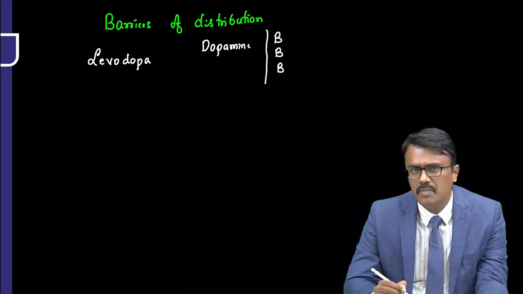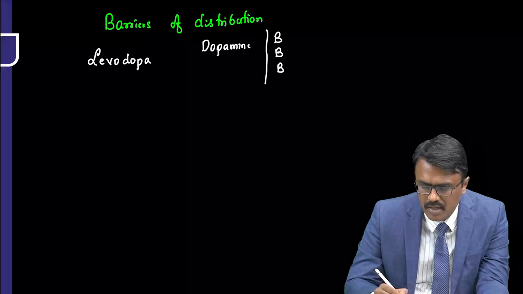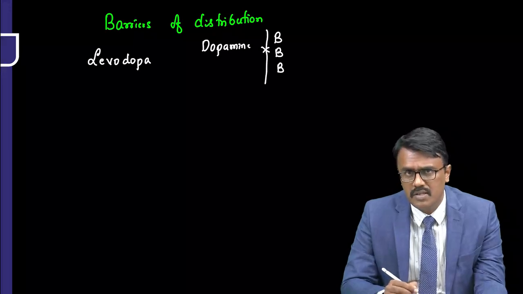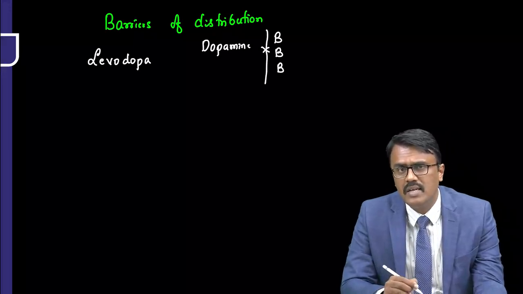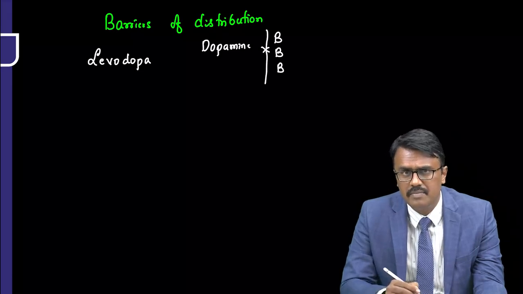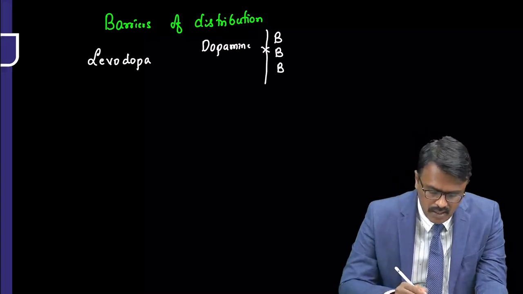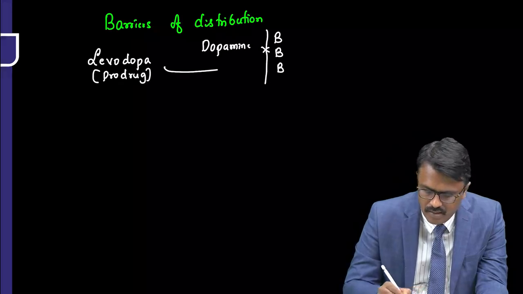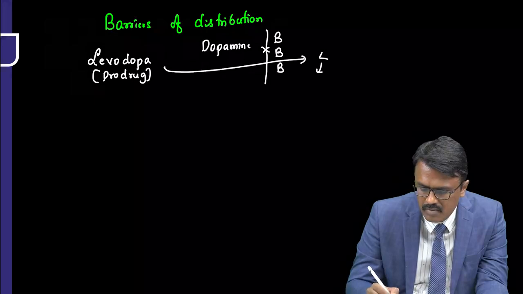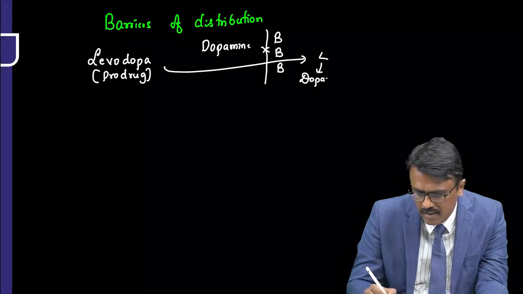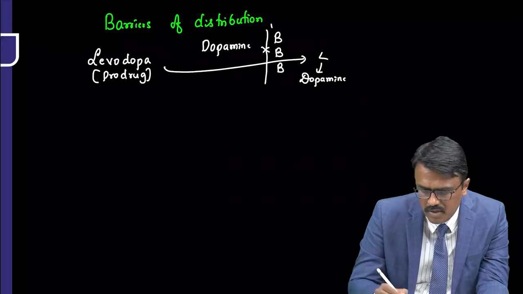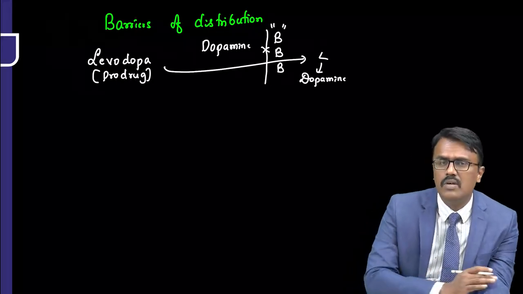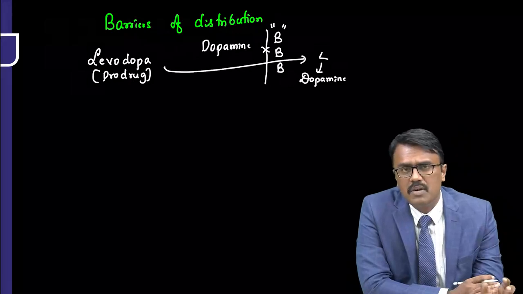The enzymes in the blood-brain barrier will metabolize dopamine so it cannot enter the brain. So I give a prodrug called levodopa, which enters the brain, and after entering, it becomes dopamine. We'll learn that later. That is the importance of the blood-brain barrier, because nature has given this to avoid toxic substances from entering the brain.